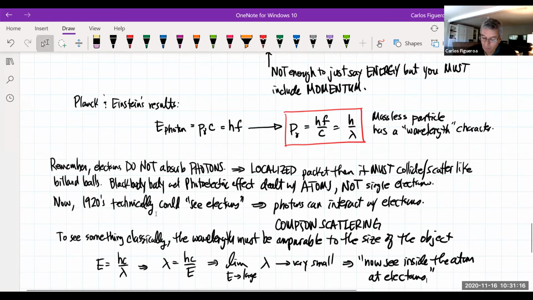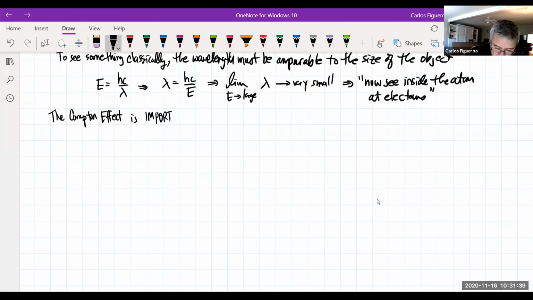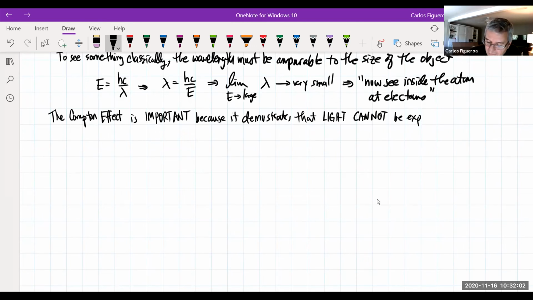So here we go. What I want to show you is that Compton scattering, also known as the Compton effect or the Compton shift, is important because it demonstrates that light cannot be explained purely as a wave phenomenon.